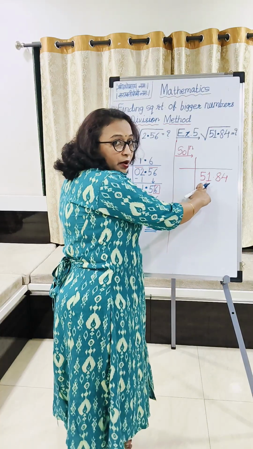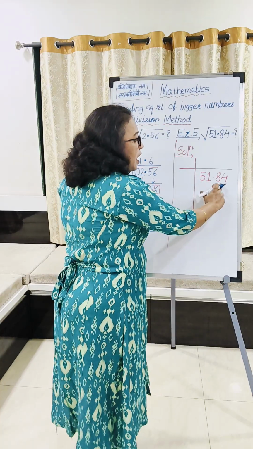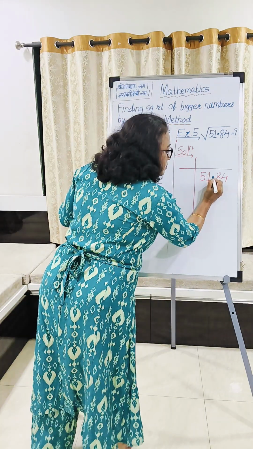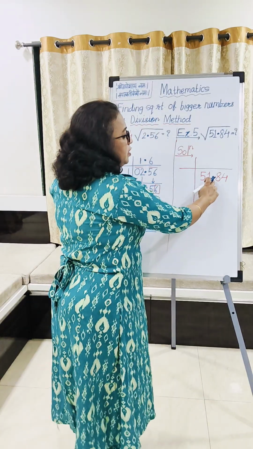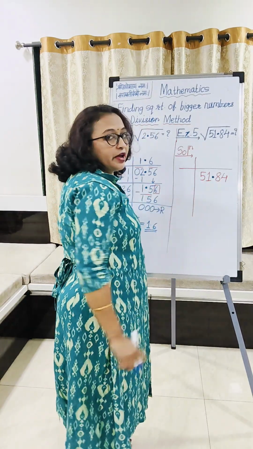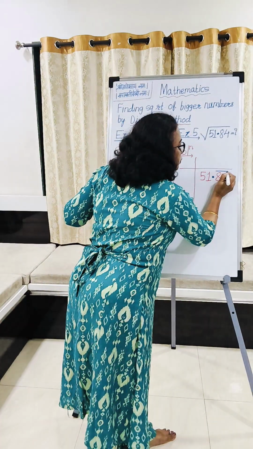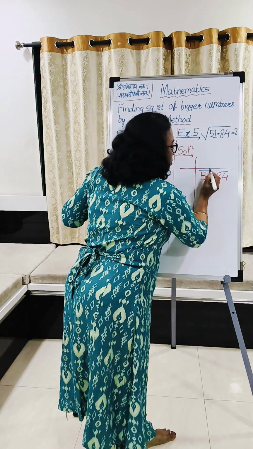51 is the integral part of this number, and the decimal point is here. So 0.84 is the fractional part of this number, and we will form groups of 2 digits each.